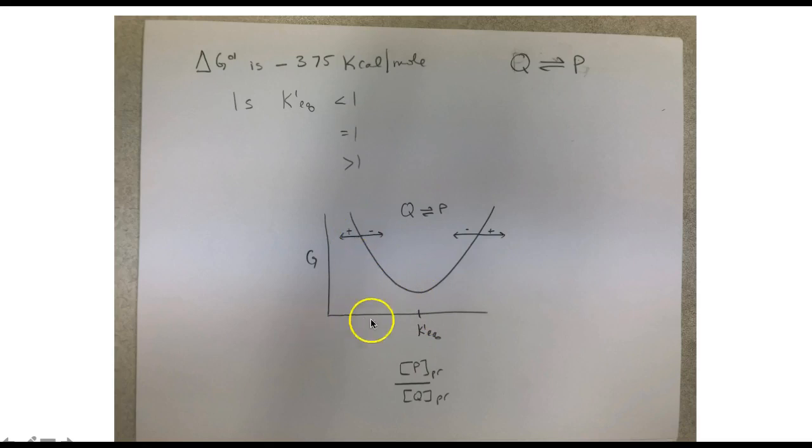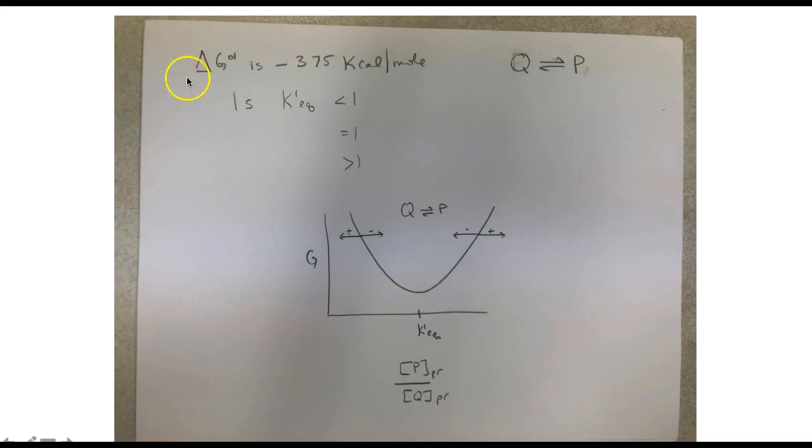But we know that for any ratio of P to Q that is less than equilibrium, the forward reaction will be spontaneous, the reverse reaction will be non-spontaneous. Conversely, for any ratio of P to Q that is greater than the equilibrium constant, the forward reaction will be non-spontaneous, moving us away from equilibrium, climbing in energy. The reverse reaction would be spontaneous, moving us closer to equilibrium.